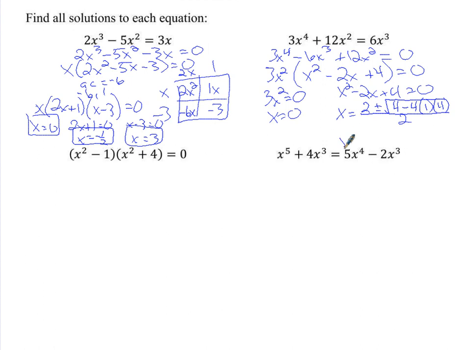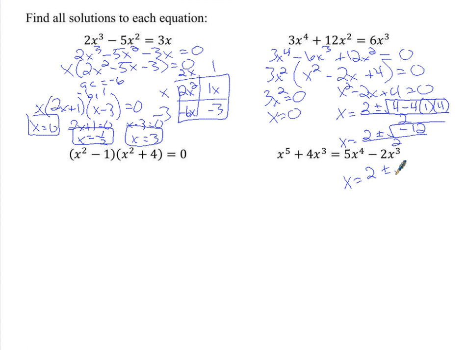Now we simplify it down. x equals, the 2 sticks around, plus or minus, square root. We have 4 minus 16, which is negative 12, all divided by 2. Keep simplifying. x equals negative 2 plus or minus.